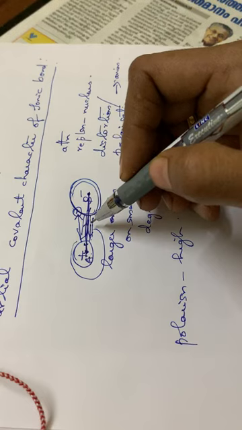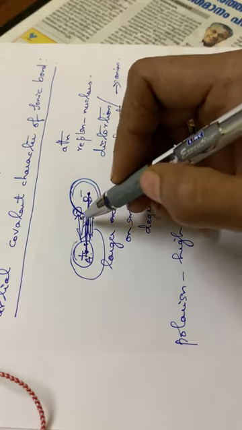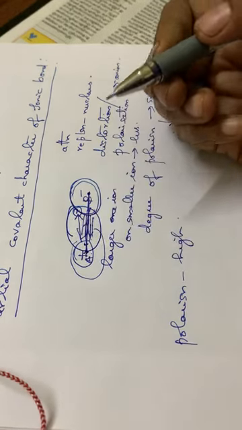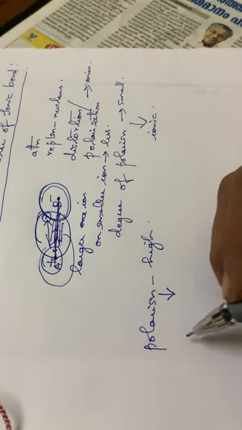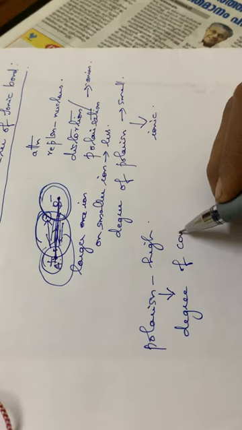As a result of this high electron density, what happens? High electron density means the covalent character will be increased. So if the polarization is high, the degree of covalent character will also be there.